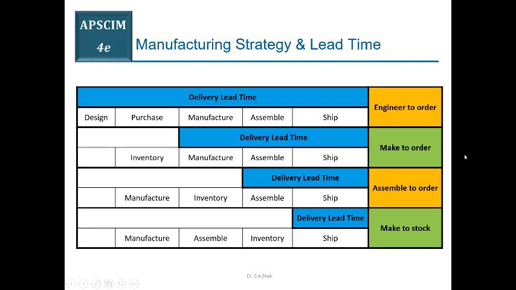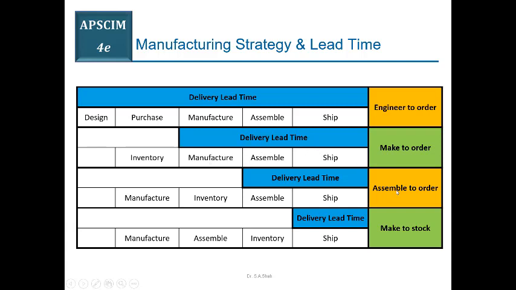Make to order में, as I told you, most of the standard components will be there. So normally delivery time starts from the manufacturing phase, ठीक है ना. So inventory is there, and manufacturing start हो जाती है, उसके बाद फिर assembly and then shipment.